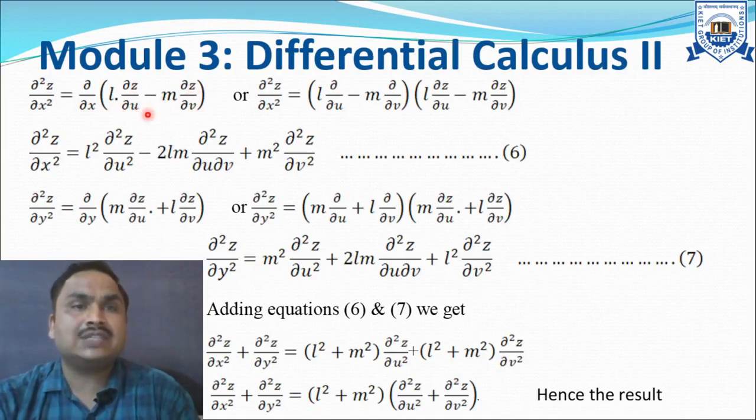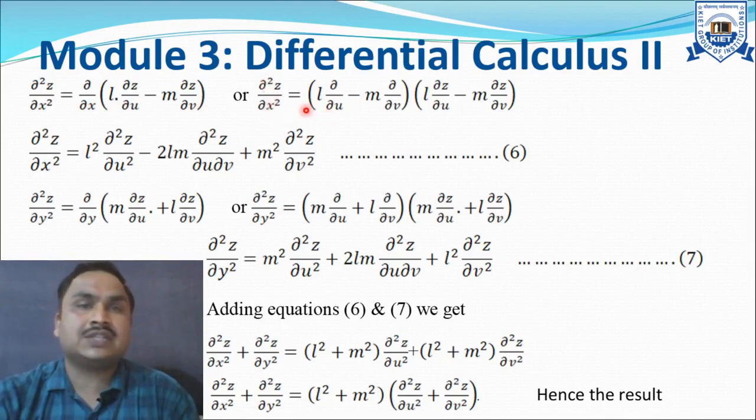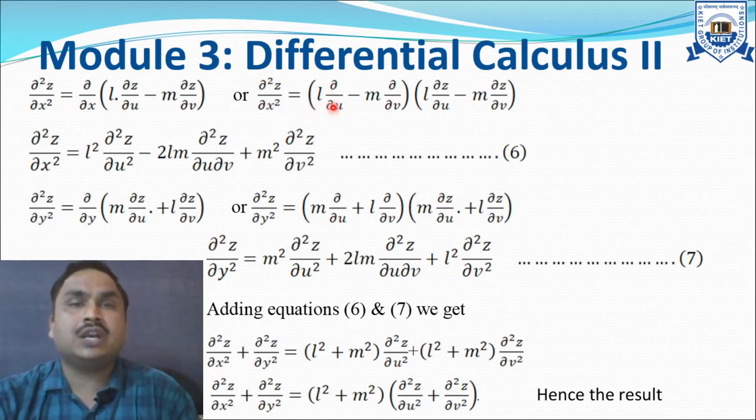Now in RHS we are having partial derivatives with respect to u and v. So we replace del over del x by its equivalent operator in such a way that del 2z over del x square equals l del over del u minus m del over del v into l del z over del u minus m del z over del v.